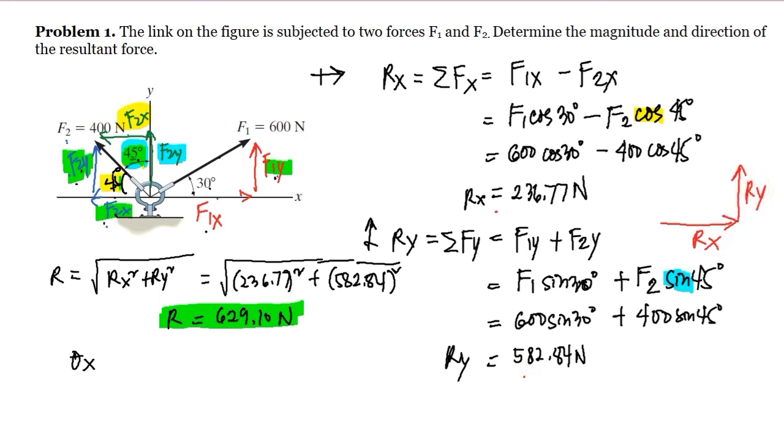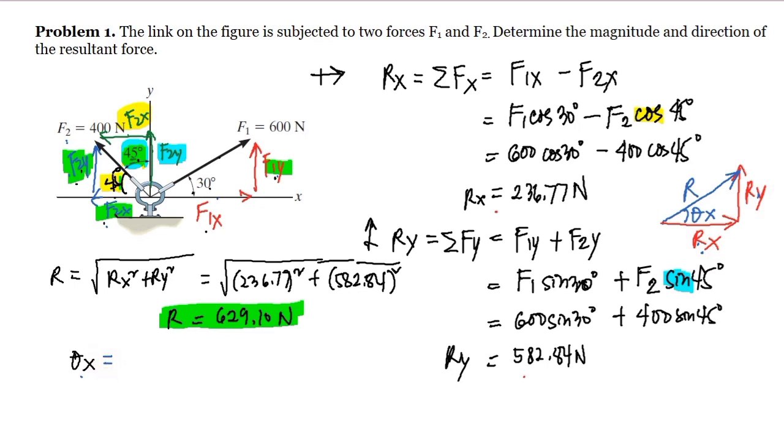Now, the resultant of these components of forces is the resultant. This angle here is theta x, and this is what we will compute. Since this is theta x, the opposite side is Ry and the adjacent is Rx, so that is just the arctangent of opposite over adjacent from SOHCAHTOA.